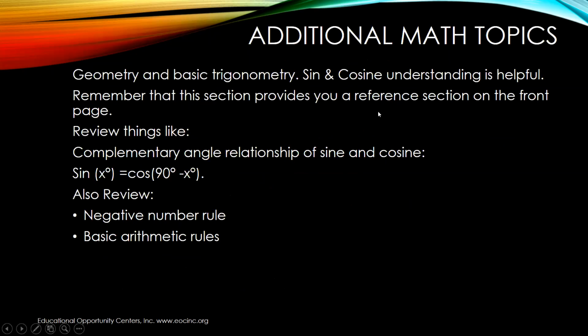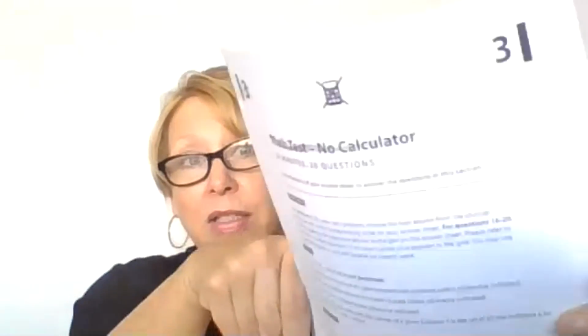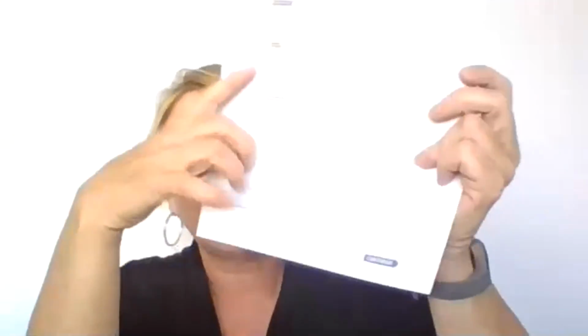So let me stop sharing for a second and put my camera on. All right. Section 3, your homework. See this reference section? This is going to be on your SAT. Studies and statistics show that students who memorize these are the ones that get close to perfect scores on the SAT.